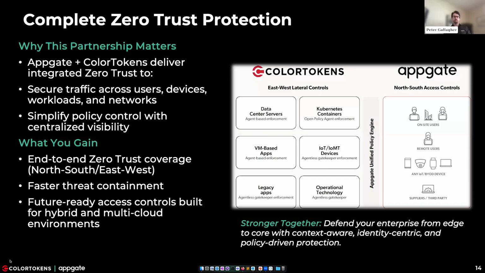I think I can handle that one, or at least answer part of it. One of the biggest differentiators that Appgate brings to the table is the continuous authorization model that comes in the form of our policies, entitlements, and conditions, where we can continuously evaluate, not just at session initiation, which is where most tools make that determination.